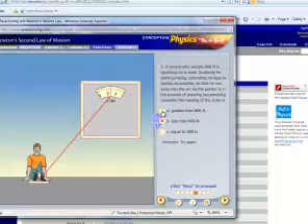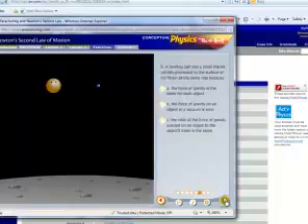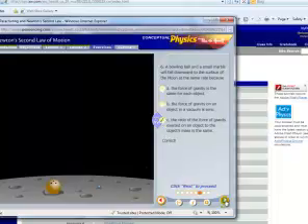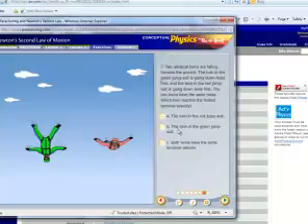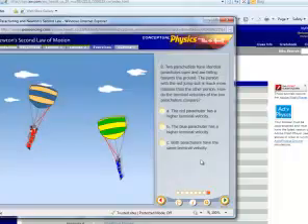I can come up here and say, oh, well, it must be greater than, and it'll tell me that that's the correct answer. Now, it's important that you know the correct answer, obviously. However, you will be scored as having missed it the first time. And again, you've got a gauge down here to let you know how many you have left. We have one more left.